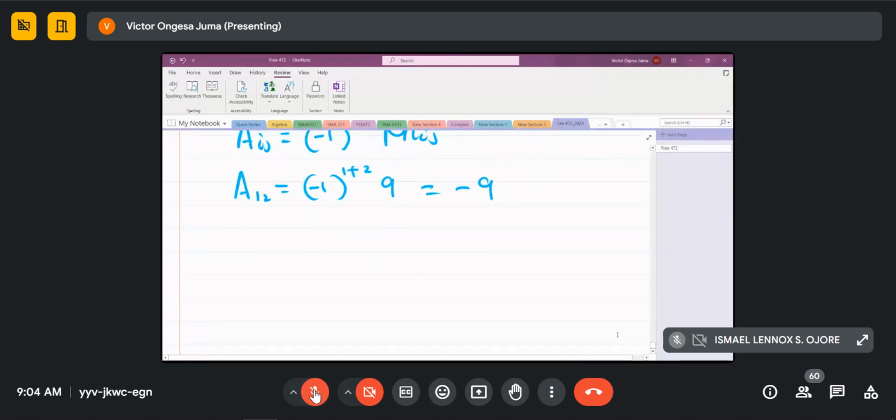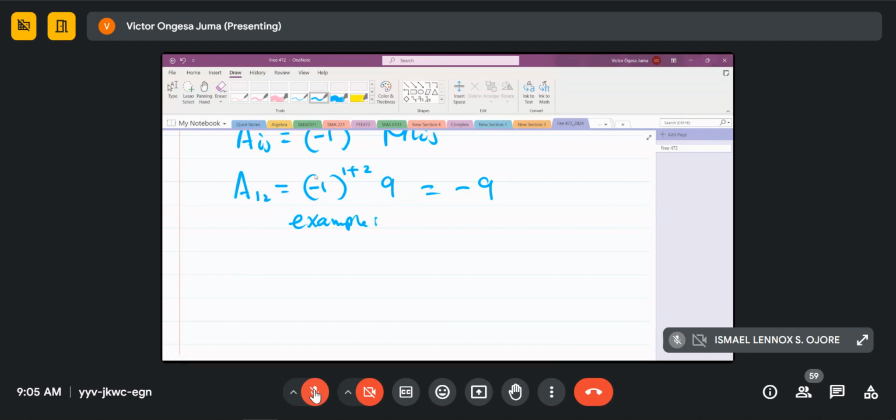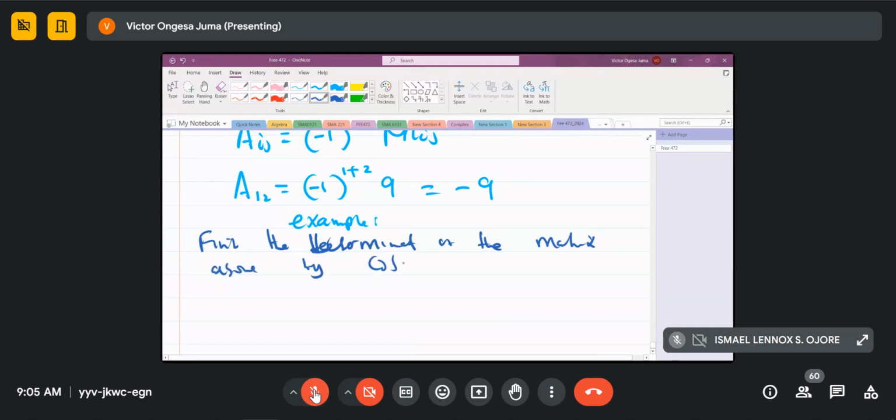And so just for example, find the determinant of the matrix above by the cofactor method.